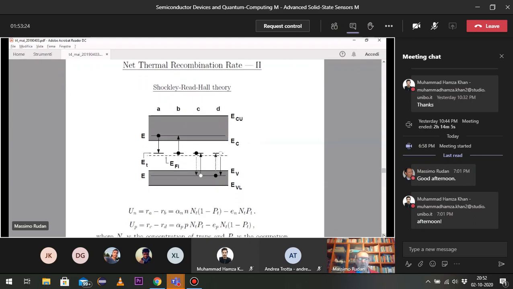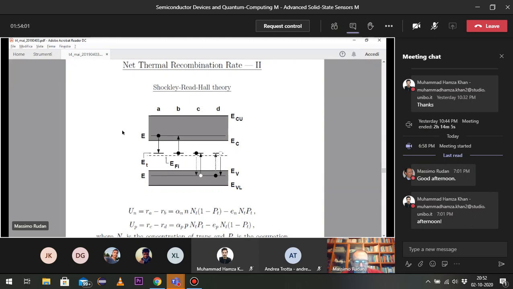The calculation that provides the net thermal recombination rate U is due to this gentleman, Shockley-Read-Hall. So it is called the Shockley-Read-Hall theory, okay? What we do is treat separately the possible events that concur in determining UN and UP, okay?